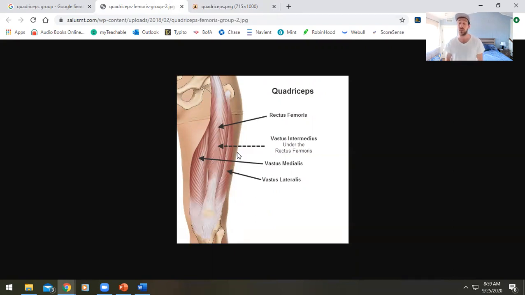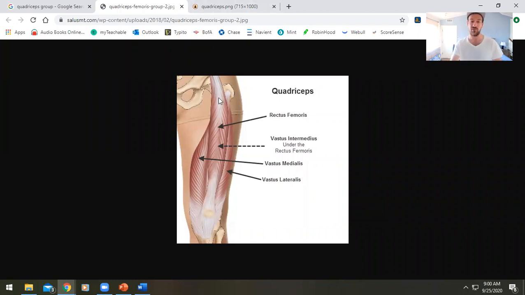So the rectus femoris assists in knee extension just like the vasti muscles, but it also has a secondary job, which is to perform hip flexion as well. Because it's attached to my hip, it can do both this and this. And so that's a muscle that has two jobs.